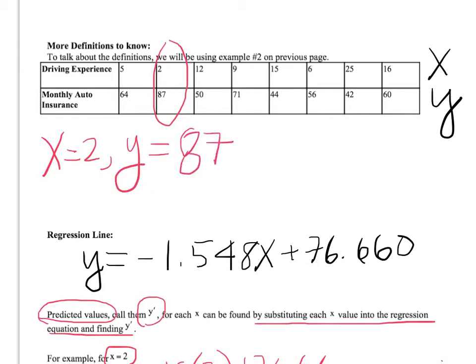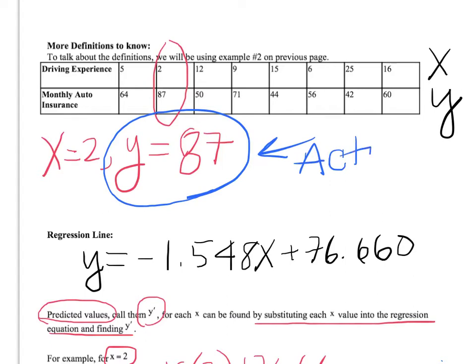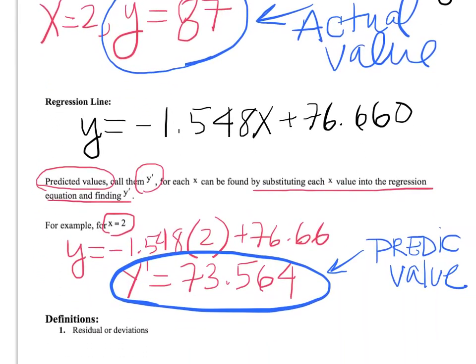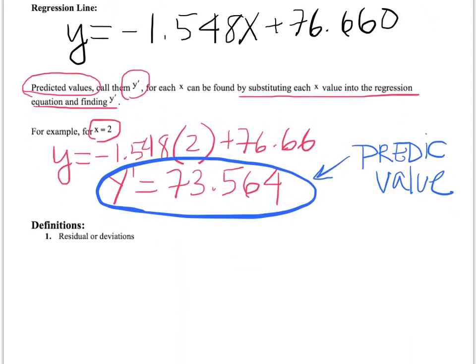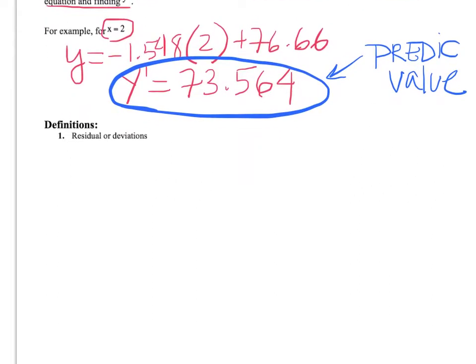And what we call this 87 is our actual value. So all the actual values are basically in your table. They're always given, and your predicted values are the ones you're going to find by substituting into your regression line. Okay, and so we need this for the residuals.